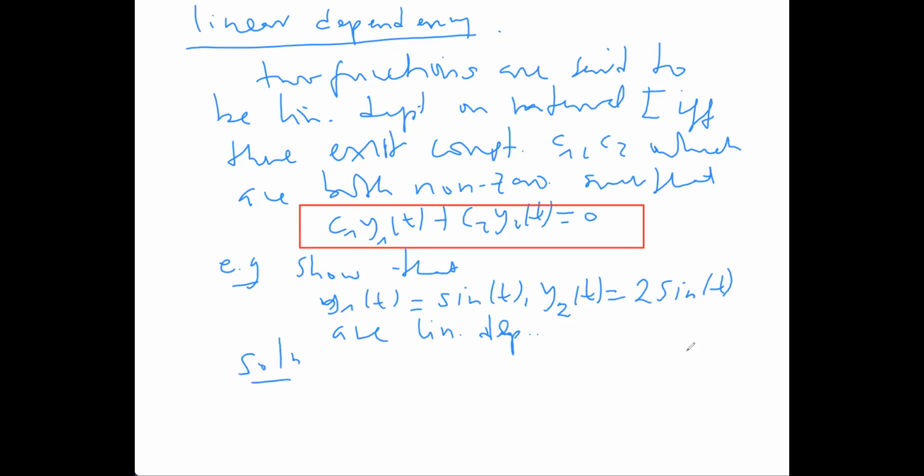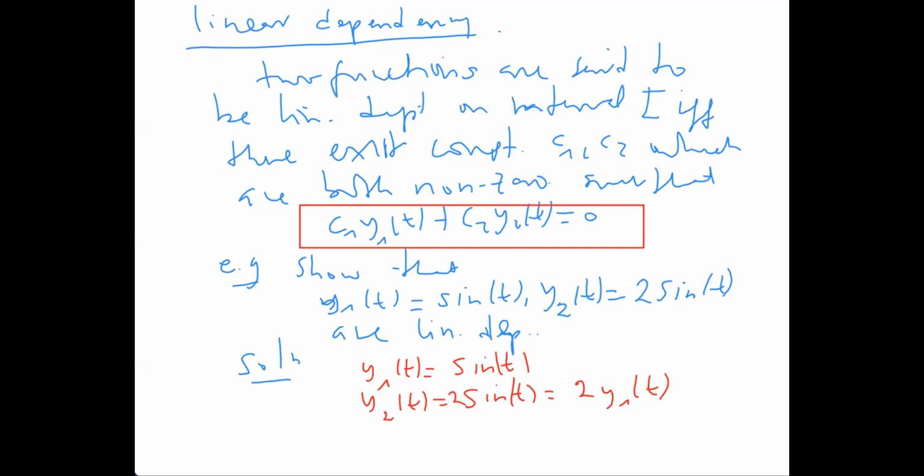Solution: y1 of t is equal to sine t, and y2 of t is equal to 2 sine t. But we know sine t is equal to y1, so this is basically 2 y1.